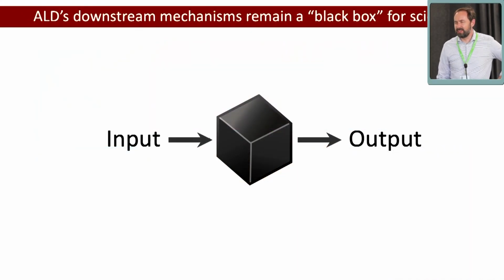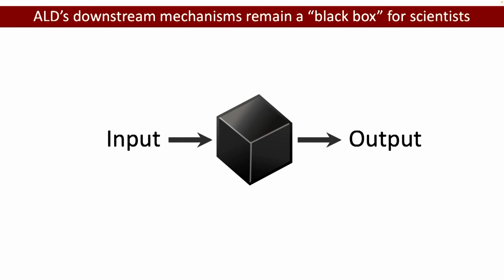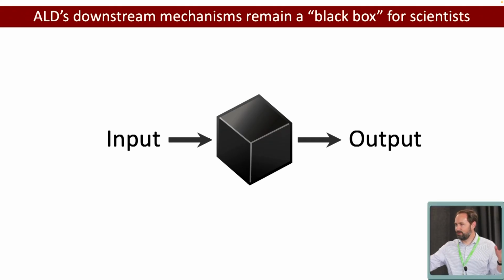And this is the concept of the black box. This is a term we use to describe a system where things happen that we cannot see. This is how lots of diseases are to people who try to understand them. We know what goes in, something happens, and then we see what comes out.